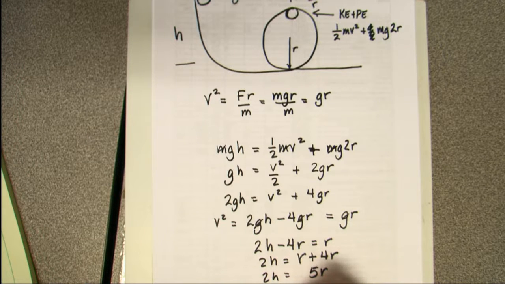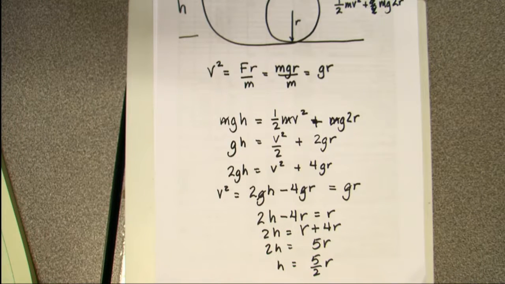H has got to equal 5/2 r, in order to have the ball make the loop, or the Hot Wheel car make the loop.